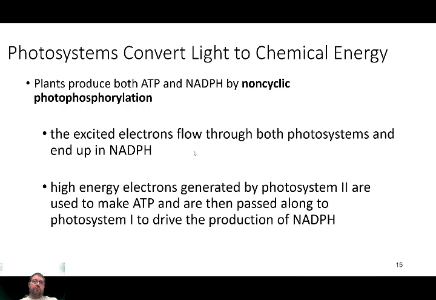So the general products of the light-dependent reaction, there's two real products that come from it, and that's ATP and NADPH. Now there's a waste product that comes from the splitting of water, and that's oxygen. But the products that the plant is generating are ATP and NADPH.